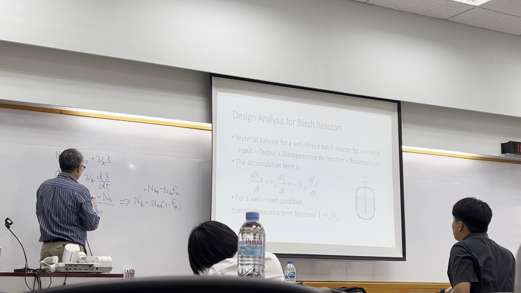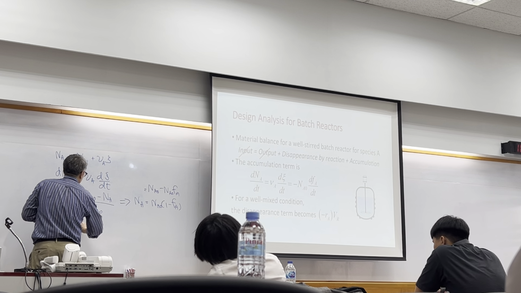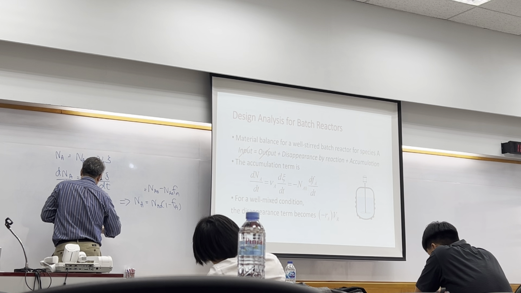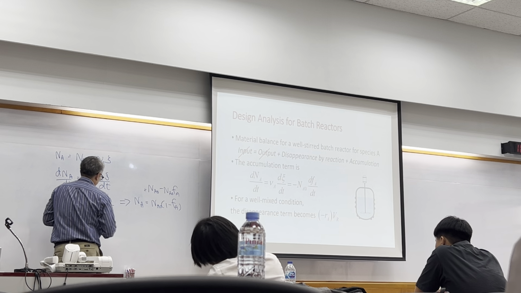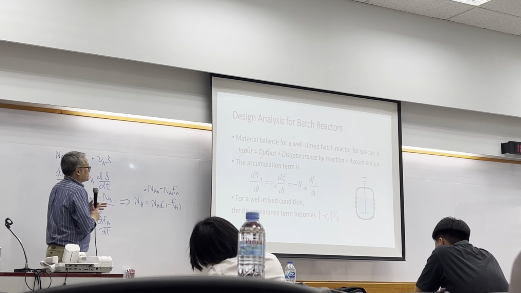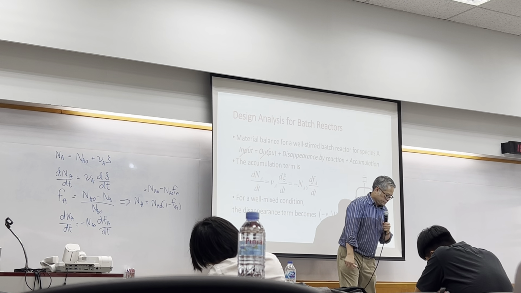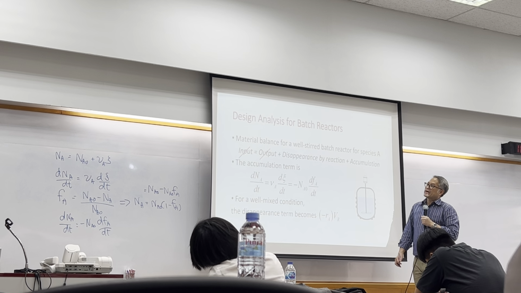You take the derivative of that, and you get d by dt of N_A: the first term again goes to 0, and you get minus N_A0 dF_A by dt. So that would be this one right here. Any question?